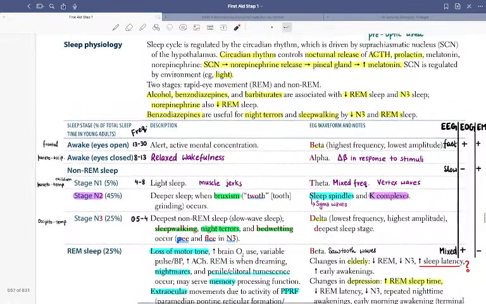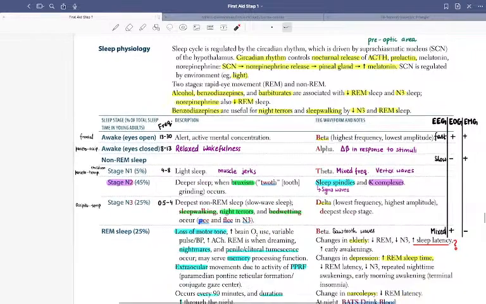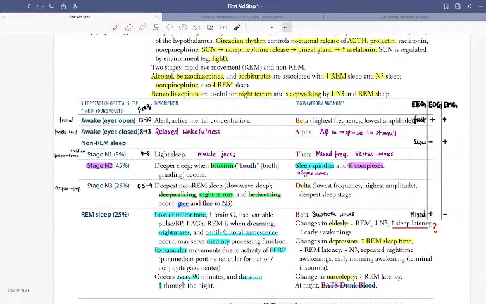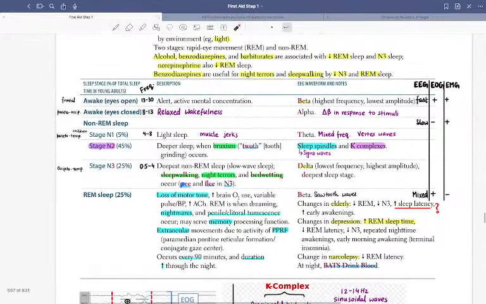And alcohol and benzodiazepines are very important. They decrease REM and N3. Where all will we get decreased REM and N3? Alcohol, benzodiazepines, barbiturates, the elderly, and even depression and narcolepsy. And even with norepinephrine we'll have decreased REM, and benzodiazepines are useful for night terrors and sleepwalking.